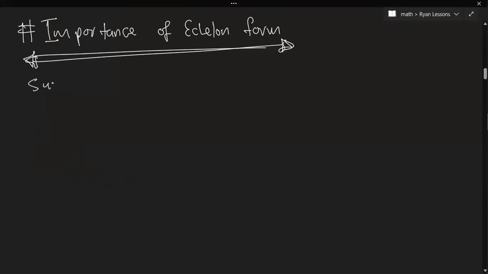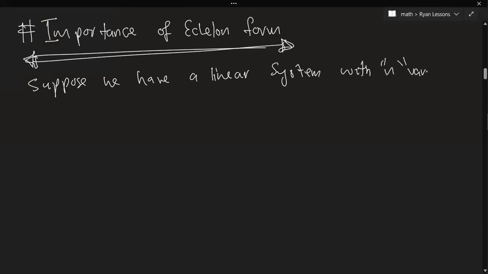So suppose we have a linear system with n variables like that.